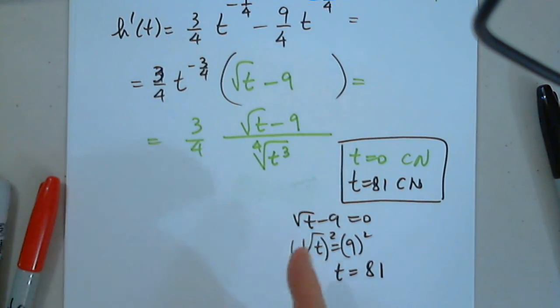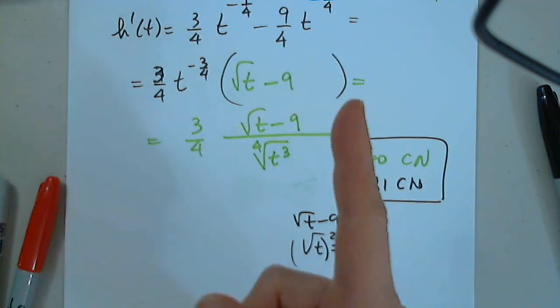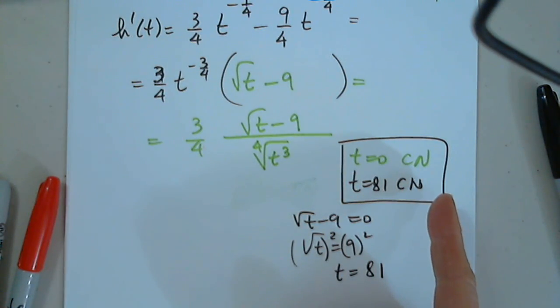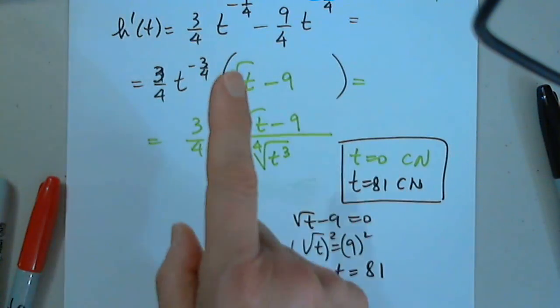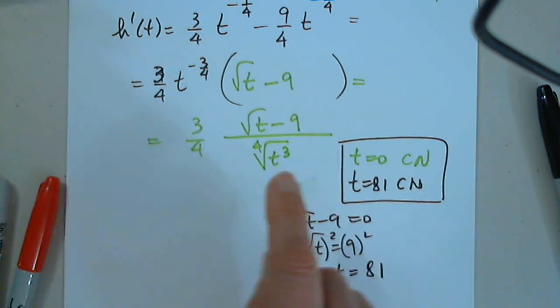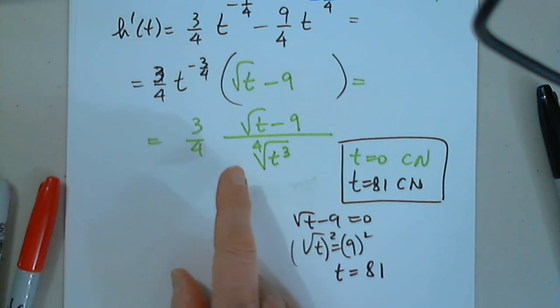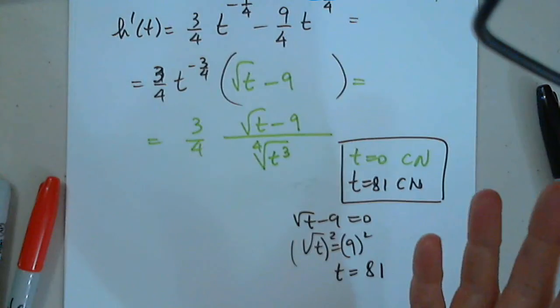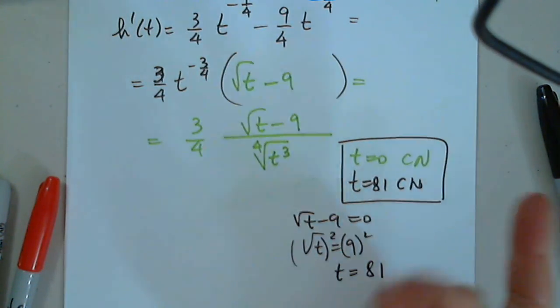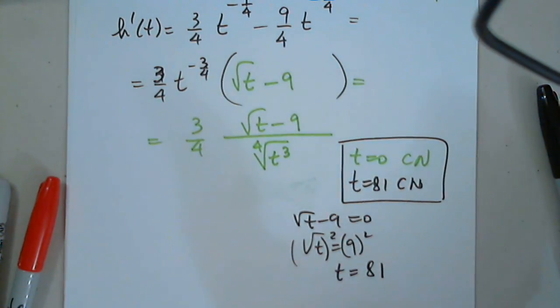That's why I wrote that, and I almost missed it, but I got into the habit of checking. So the function is defined at 0. Because it's defined at 0 and the derivative is not defined at 0, this becomes a critical number. And it may not create a local max or min because it's at the end point of the interval, but it doesn't matter. I have to identify it as a critical number. It's mandatory. And then the other one, t equals 81.